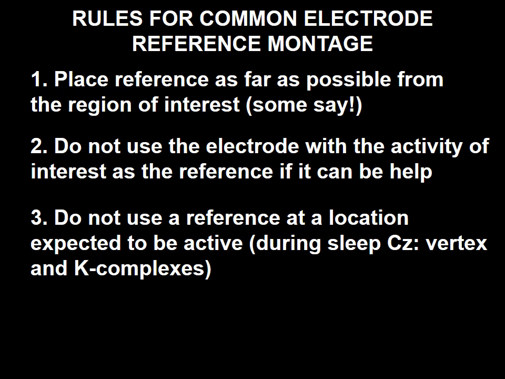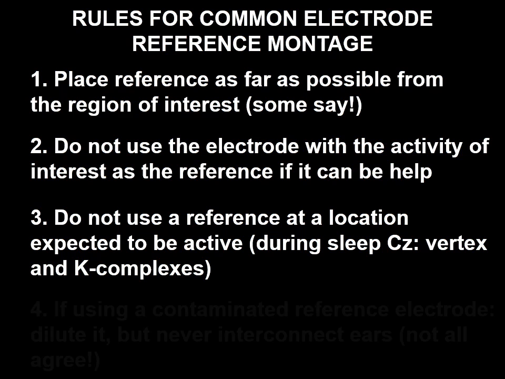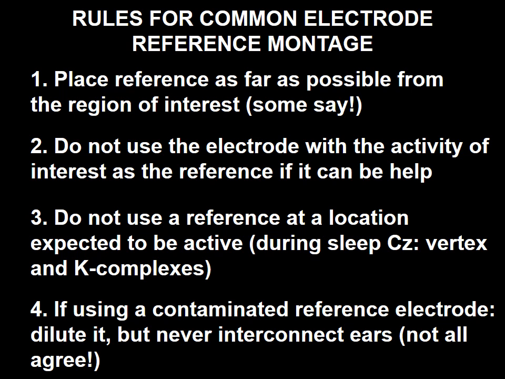Do not use CZ because vertex waves and K-complexes arise from there. 4, if using a contaminated reference electrode, dilute it, but never interconnect ears. Again, not all agree. So as you can see, these rules seem to be made to be broken, but still, they are usually used as guides as to how to select a common reference electrode.